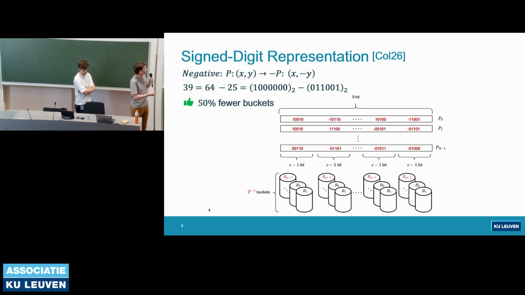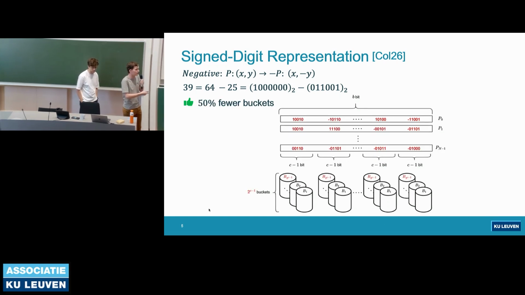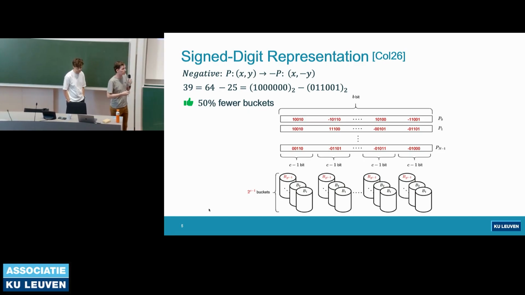If we do this for all of these subscalars, we will find that we only need half of these buckets, because the largest scalar that is left will be 2 to the power c minus 1. Because we save buckets here, all of the aggregation steps will be cheaper to compute, and we also need fewer storage elements to save all of these accumulation results.